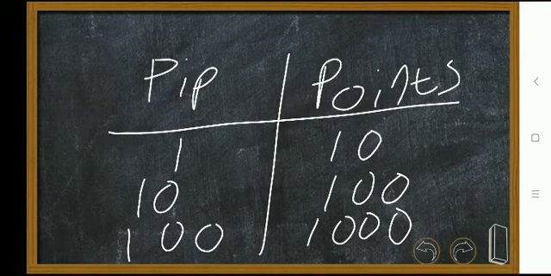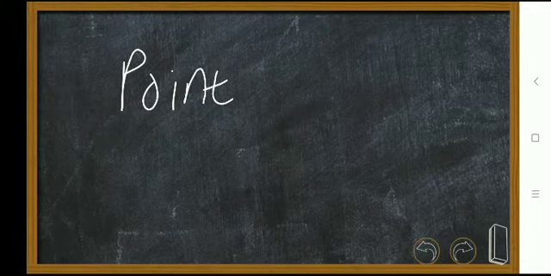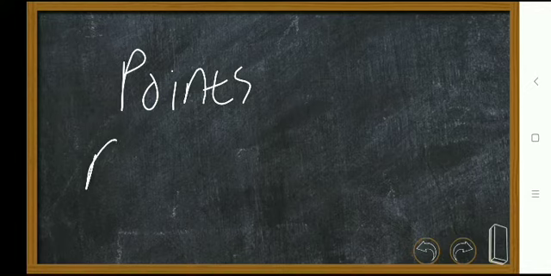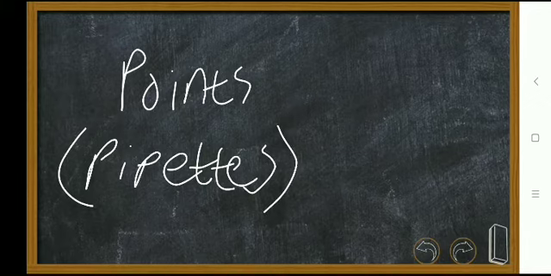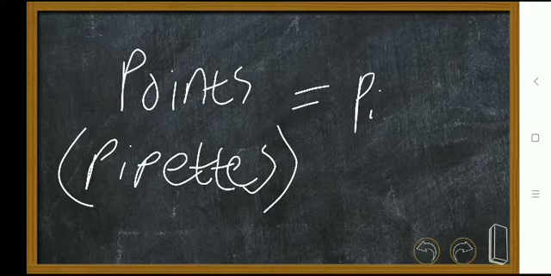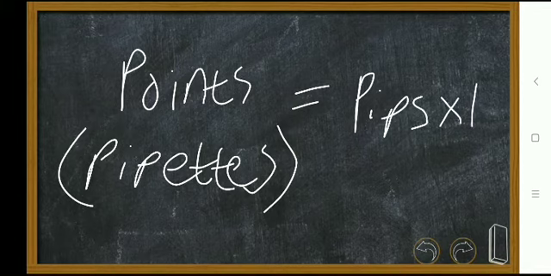So what you can get from here is that points, we usually refer to them as pipettes. Sorry for that. Points are known as pipettes, and they are equivalent to the number of pips multiplied by 10.